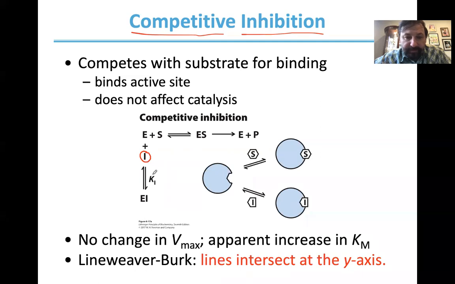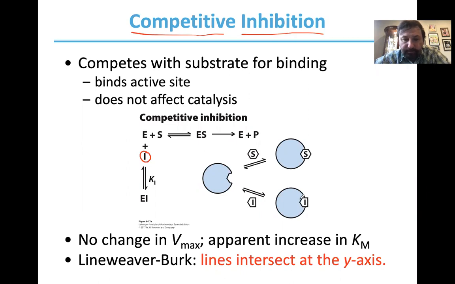With a specific dissociation constant, it can form the enzyme-inhibitor complex, EI. Graphically, this is shown like this. This is the active site, so the active site can be occupied by the substrate, like so, or by the inhibitor, like so.